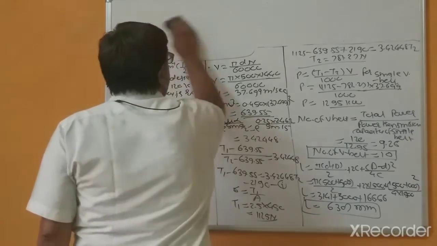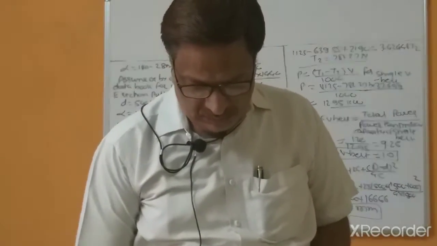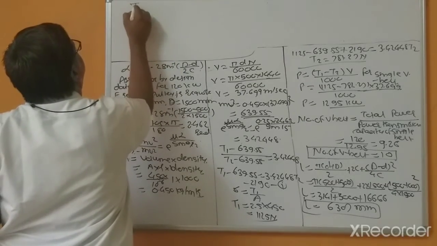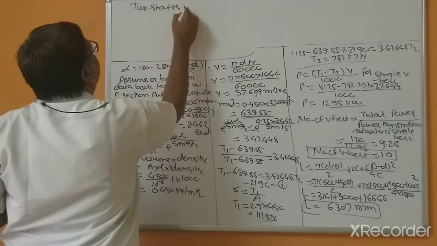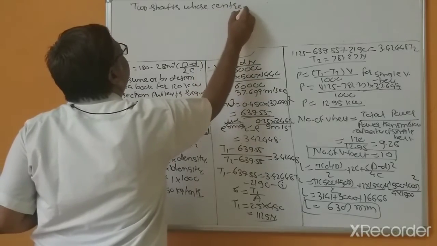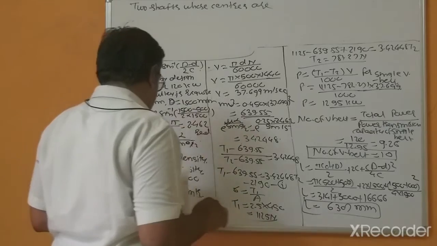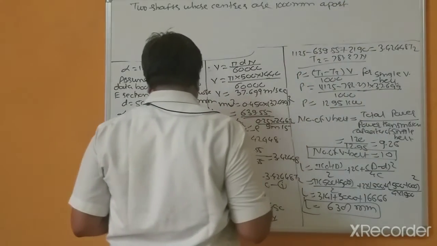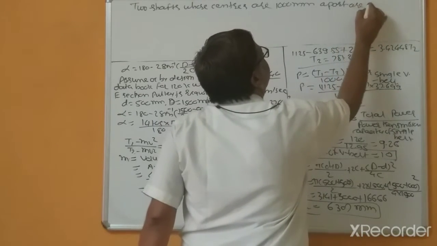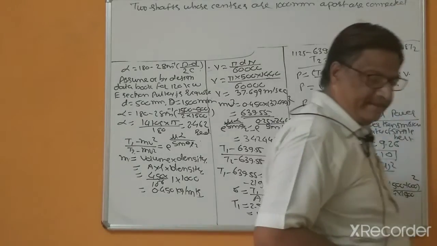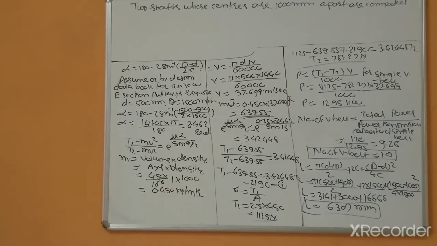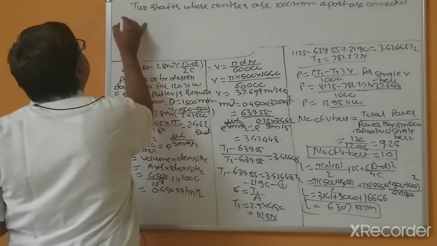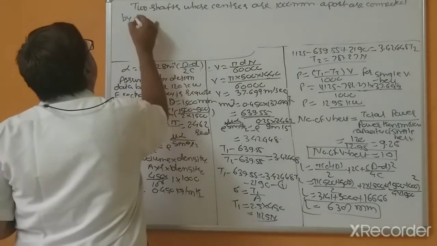This is today's second problem. Two shafts whose centers are 1000 mm apart are connected by a V-belt drive.